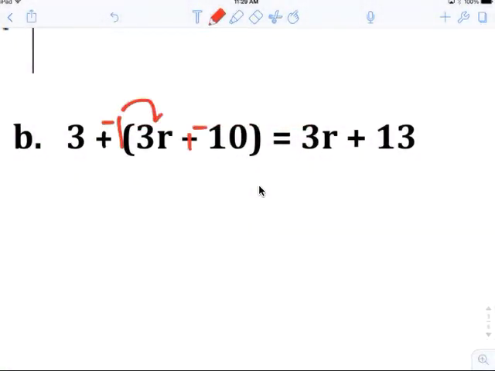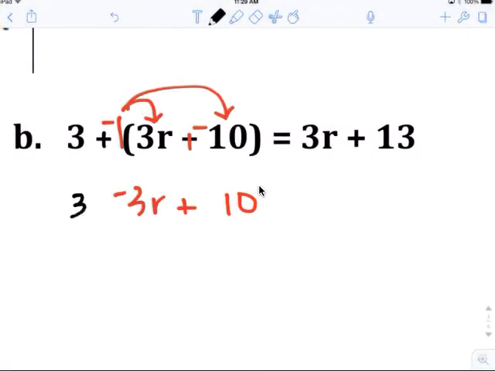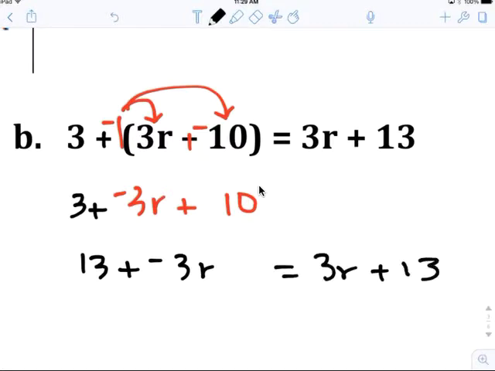Okay, distribute, -3r, a negative times a negative is a positive 10. Okay, 3 plus, combine the 3 and the 10 is 13, plus -3r, 3r plus 13 on the other side.